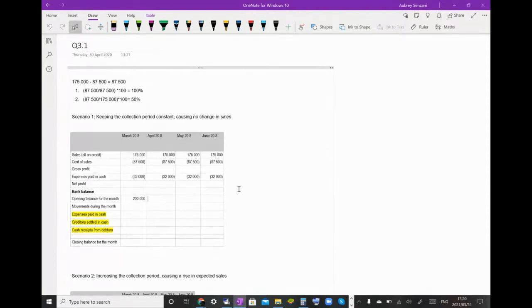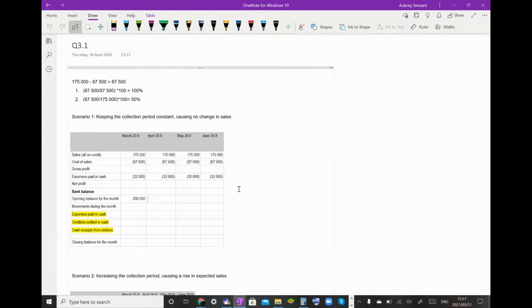Then they go on to say, complete the two scheduled budgets by filling in the missing figures. That would be for your debtors and that of your creditors.